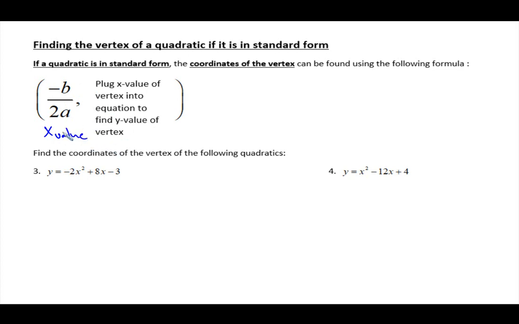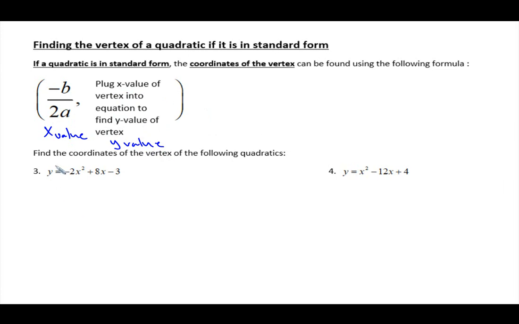And then once you know the x value, if you plug that into the equation and work it out, that will give you the y value of the vertex. So whenever the quadratic is in standard form and you need to find the coordinates of the vertex, first find the x value using -b over 2a. Work that out, and then whatever your answer is, you plug it into the problem, work that out, and that will give you the y value.